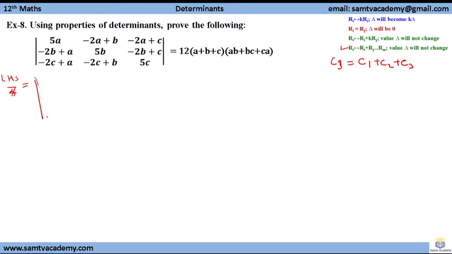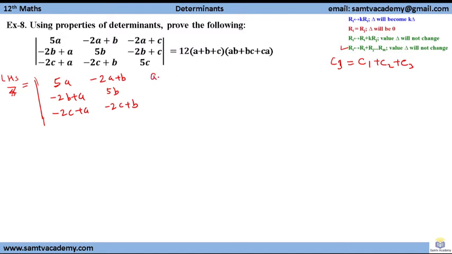we will write the first two columns as they are, 5a minus 2b plus a minus 2c plus a, here minus 2a plus b, 5b minus 2c plus b. Now if you add, you can see this 2a will get subtracted from 5a, so we will get a, b and c.